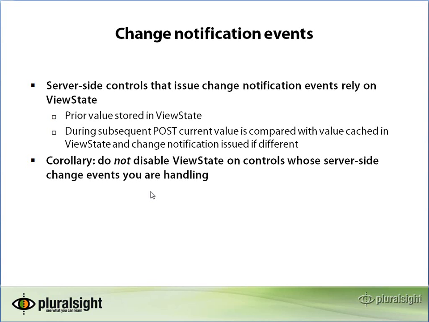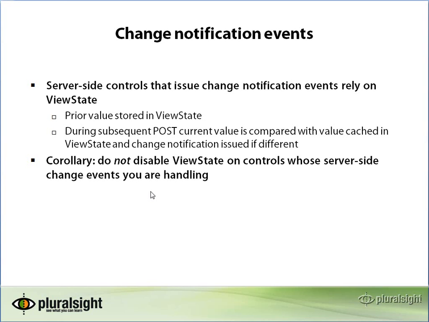Now, I mentioned on the last slide that you want to try to minimize your use of ViewState where you're not really taking advantage of it. What I want to point out in this slide is an example of where you really do want to leave it on because it's fundamental in the behavior of your page to actually working the way you expect. And this is related to change notification events in server-side controls in ASP.NET. And change notification events are in things like the text box control and the drop-down list.